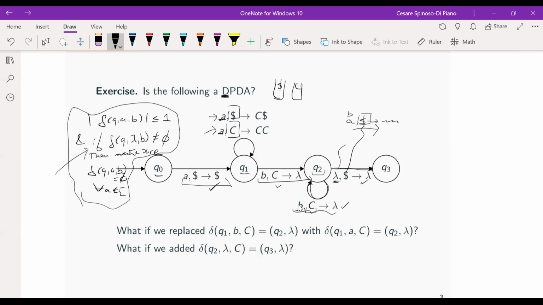Question? Yes, if the last transition was a lambda goes to lambda, then that would not be satisfied, right? If instead of the $ sign there's a lambda at the last transition, then the second condition will not be satisfied, right? Because it's going to be empty.